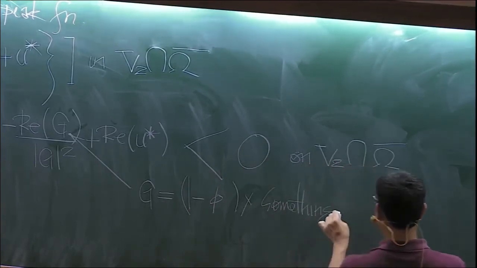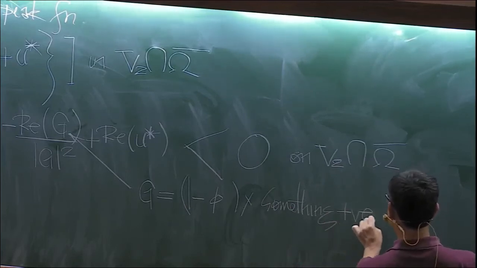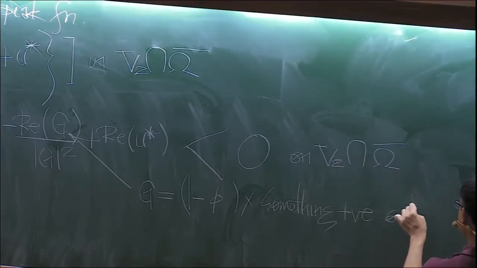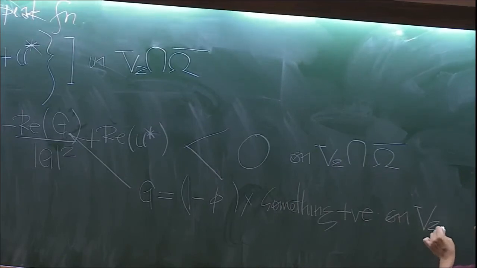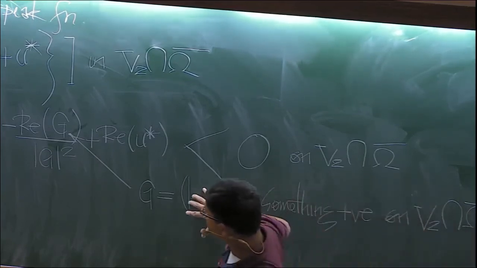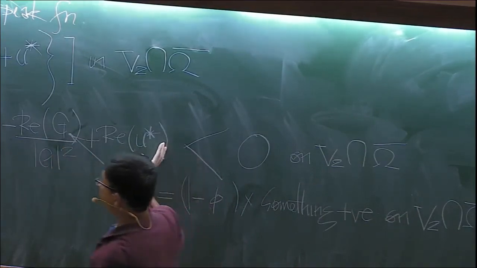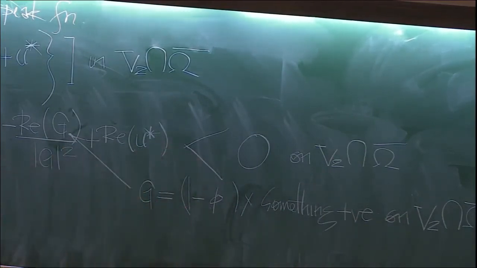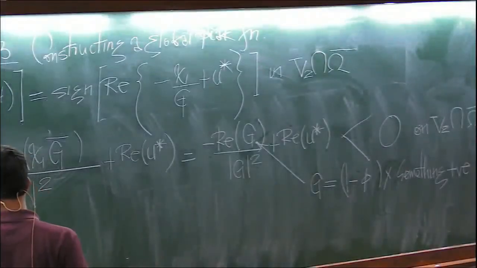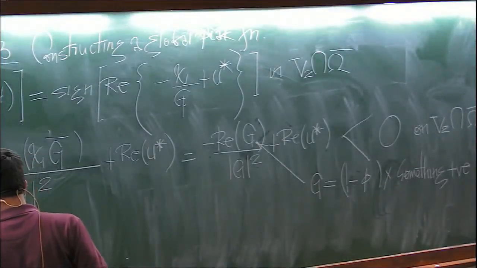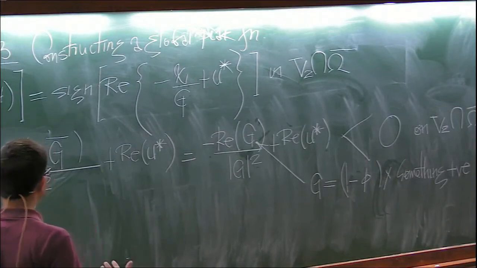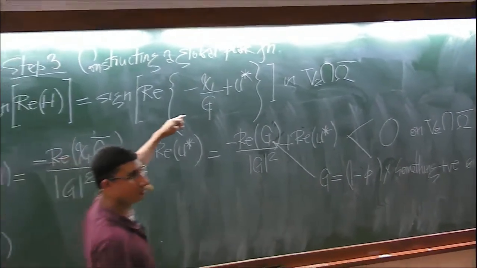Something positive, right, on V2 intersect omega closure. So here's something positive, put a minus sign there, right? So you have this. And outside of the support, by construction, the real part of H, so remember this notation?